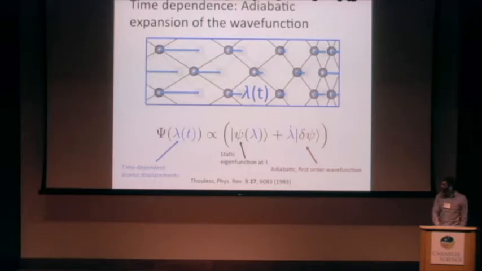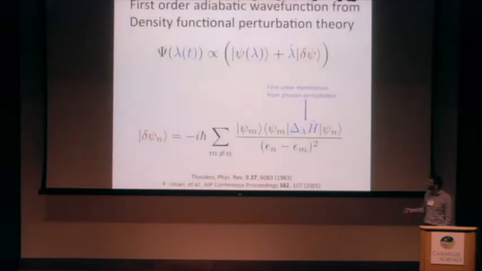And again, I won't go into too much detail, but it turns out that these first order adiabatic wave functions can be calculated using quantities that are used, for example, in a static phonon calculation, specifically the first order Hamiltonian.